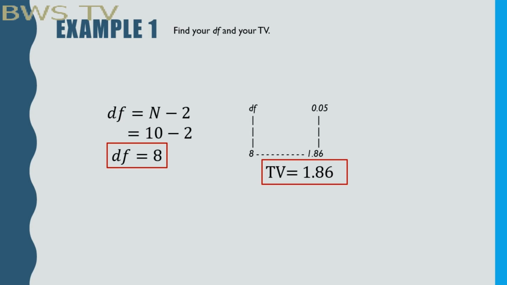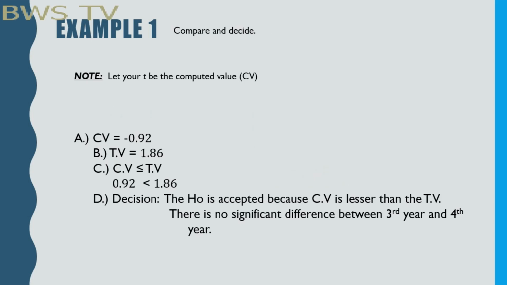Then, find the degrees of freedom and the tabular value. Instead of rho, let your t be the computed value in this example. Here are the answers and you are done with example number 1.